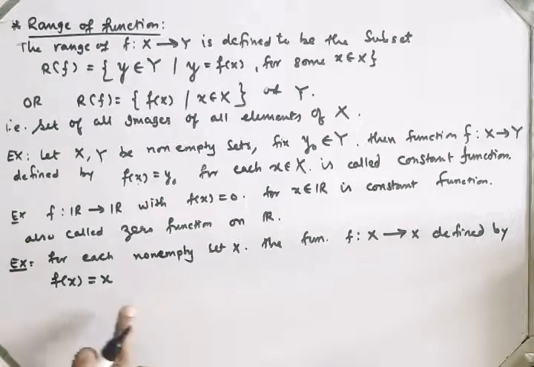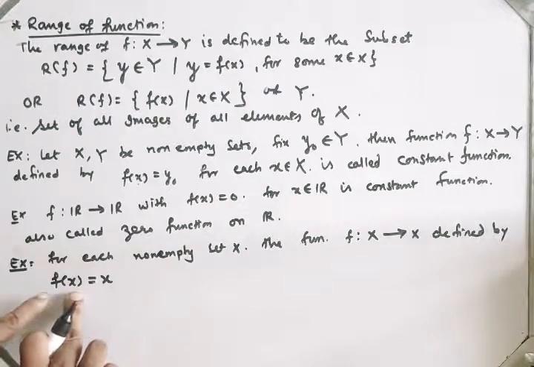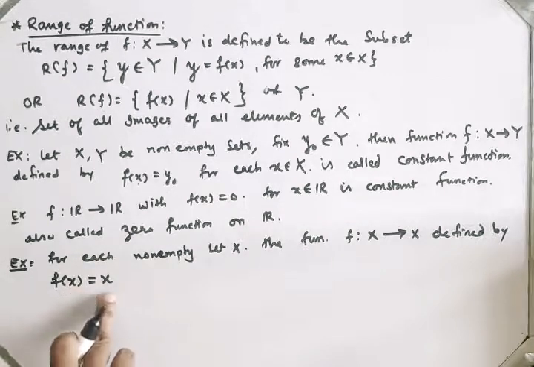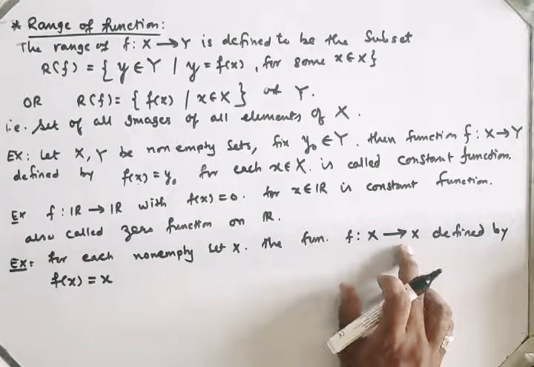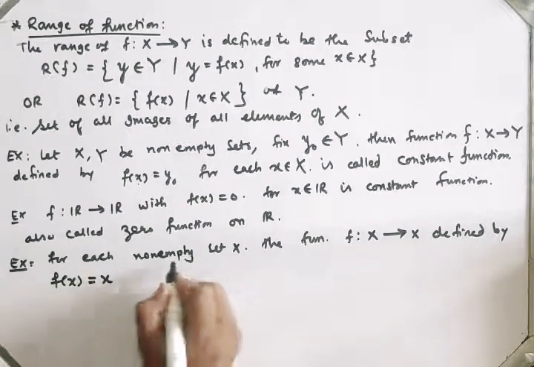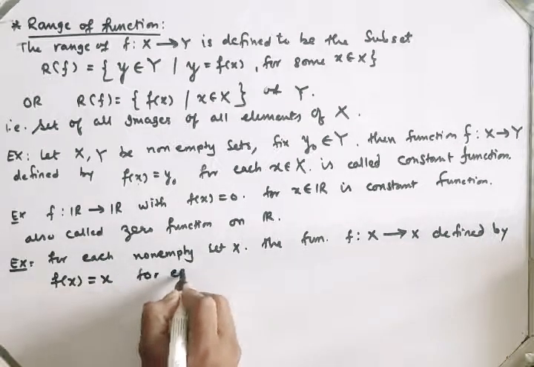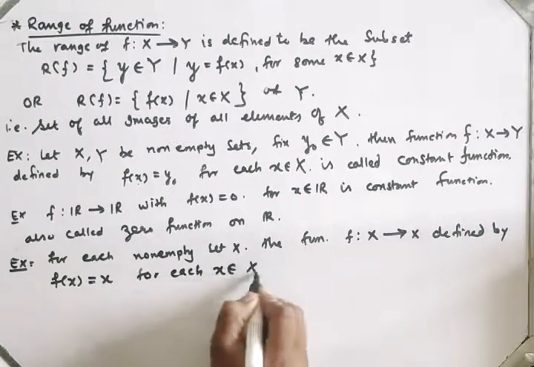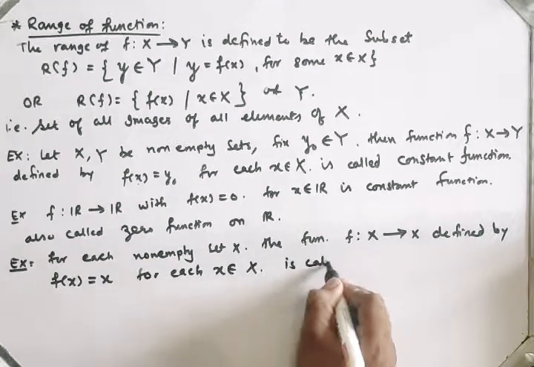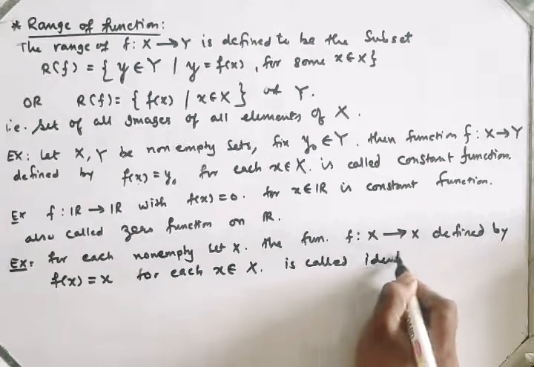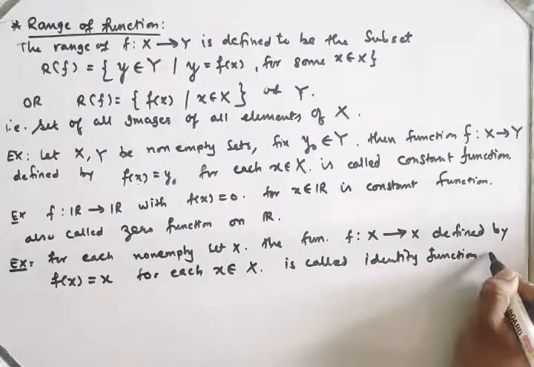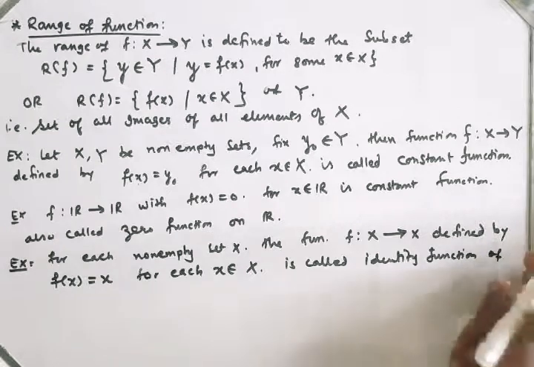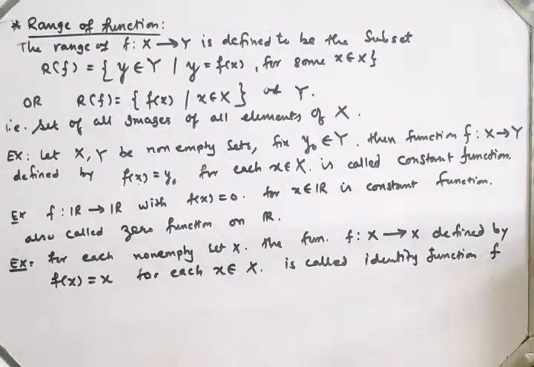It means this is the same: if I take value x then it gives again x. So this is the identity function. So f from X to X defined by f of x is equal to x for each x belongs to set X is called the identity function.